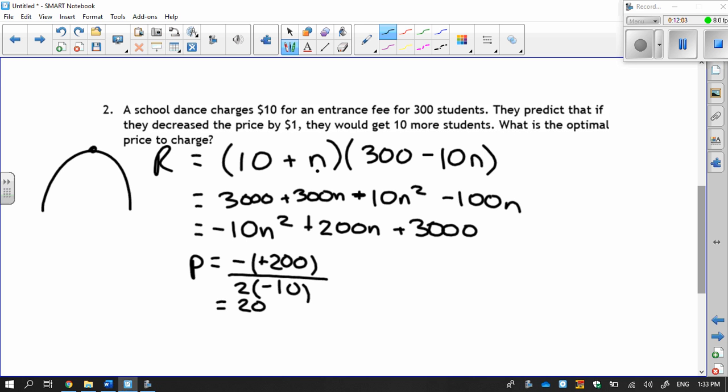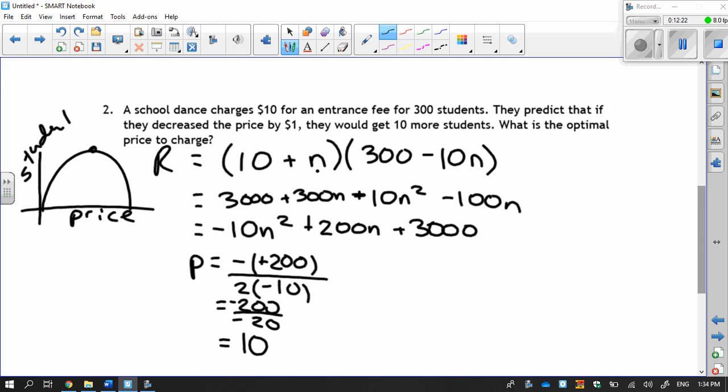Fixed it. So negative 200 divided by negative 20 gives us 10. So that is the x value chart here. If we think about this logically, when we graph this, this would be price and students, because the amount of students we get relies on the price, so the optimum price to charge is $10.